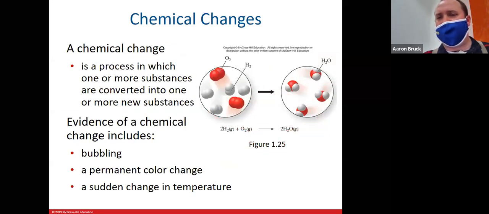Chemical changes, on the other hand, these are ones where we see a change in the chemistry, a change in the composition of the substance. In these changes, we see the conversion of one substance into other substances.